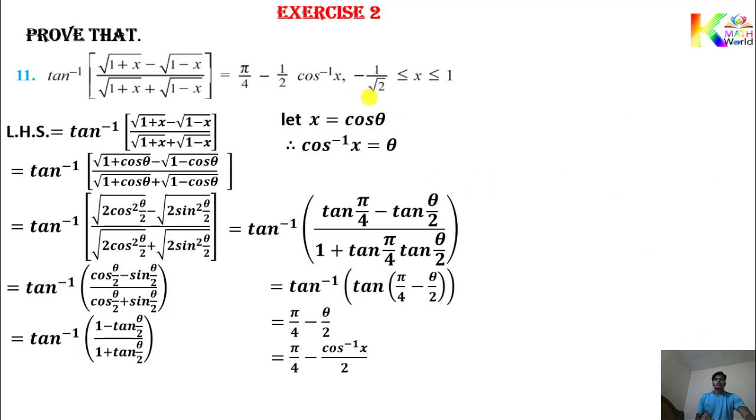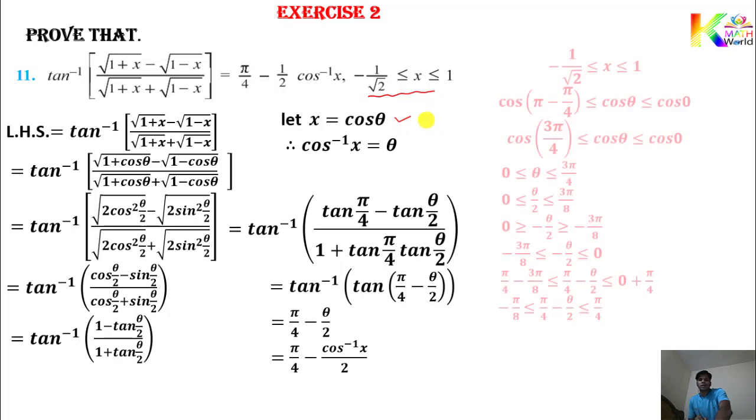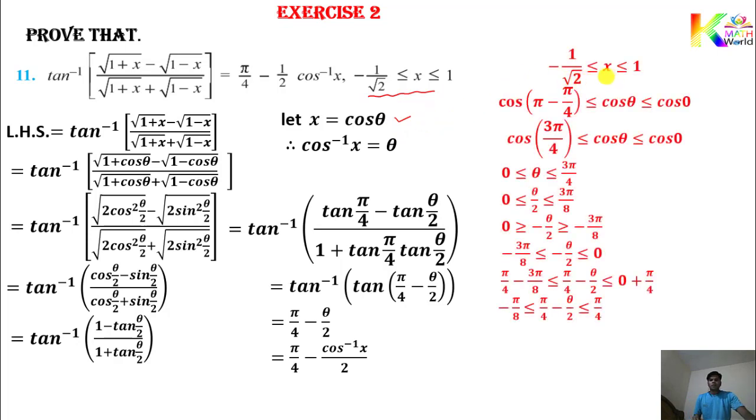Okay, now suppose you want to check this condition, that this is your condition, minus 1 over root 2 less than or equal to x is less than or equal to 1. This is your assumption. So now what is your assumption? X is your cos theta. So when you replace x by cos theta, you need to put both these end values in terms of cos.